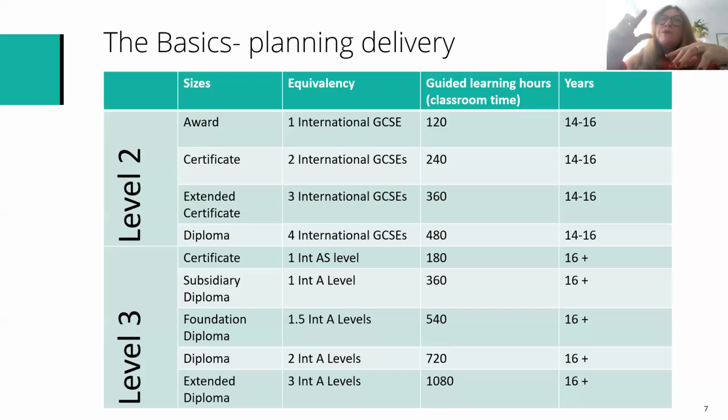And you'll see that each unit is broken down into a portion of guided learning hours, all of which add up to that 120, 240, 360 or 480 as the largest size qualification. Certificate is worth 2 international GCSEs, extended certificate is worth 3, and the diploma is worth 4 international GCSEs.